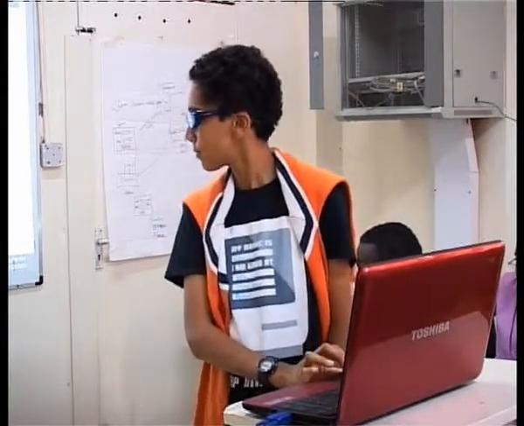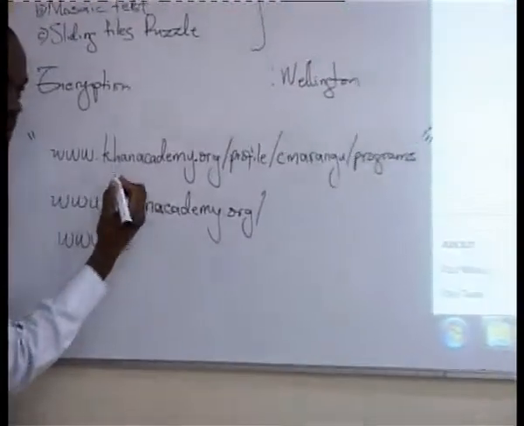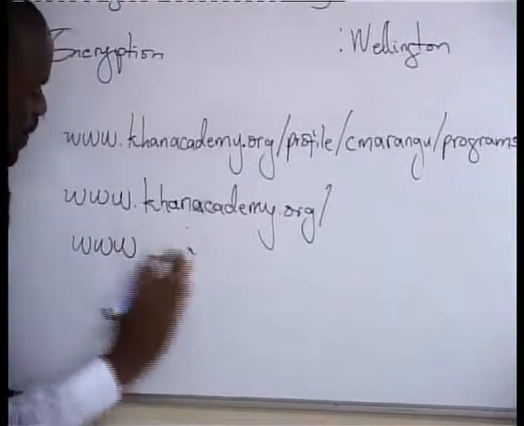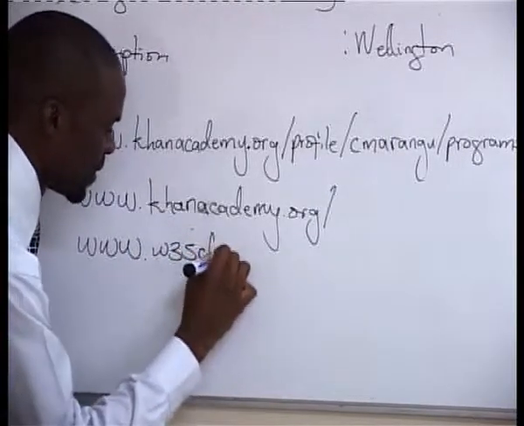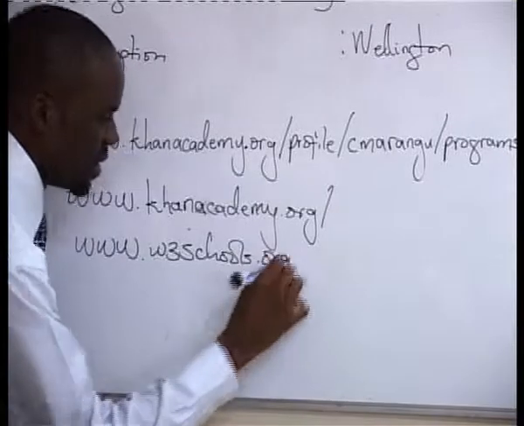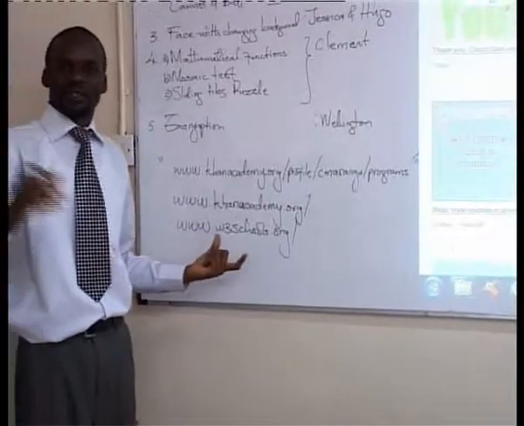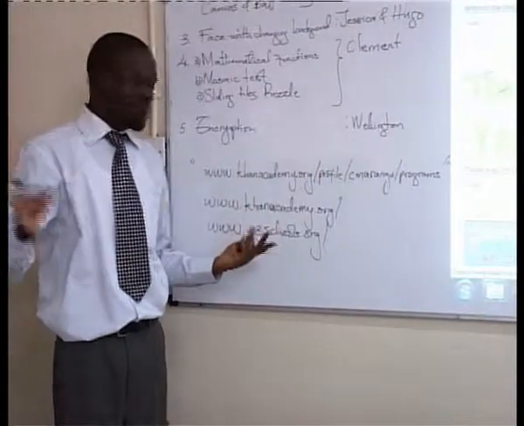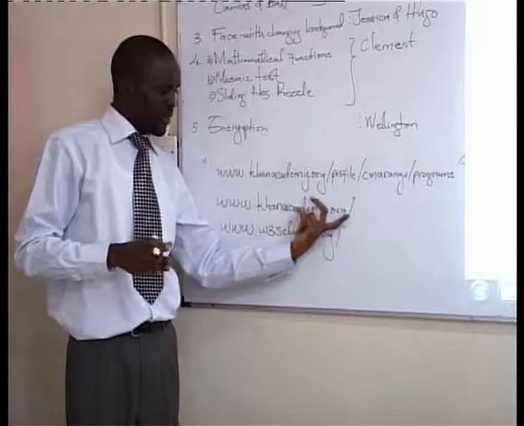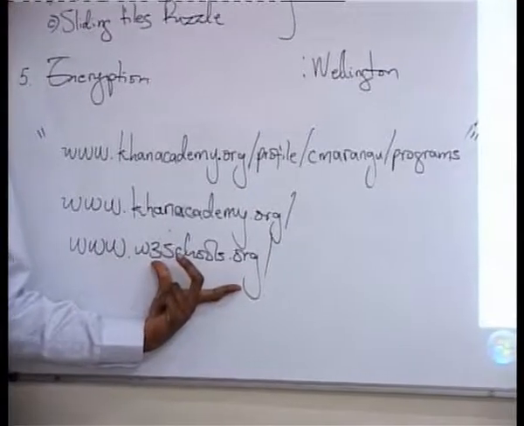For the students I normally teach in class, I normally lead you to w3schools.org, and then whatever you want: /HTML, you'll find so many HTML notes; /JavaScript, you'll find so many of those. So out of this whole bootcamp, you now know that we have Khan Academy where you can get tutorials, and W3Schools where you can get further tutorials on what you need.